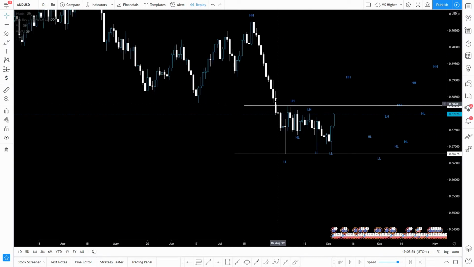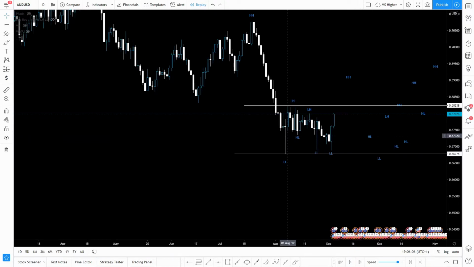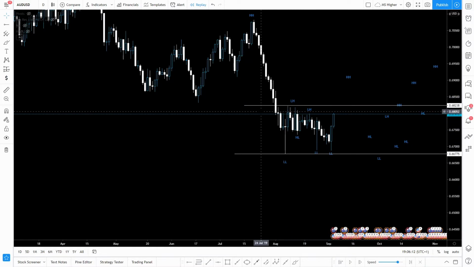So at the moment, it's come down, it's made a lower low, and then it made a lower high. Higher low, lower high, lower low, lower low, but it's not breaking this structure here, because it made a lower low, yeah, but it hasn't broke this structure right here. So at the moment it's just in a range. So this is our range right here.